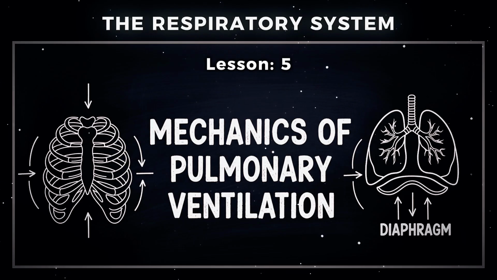Between them is a tiny amount of pleural fluid. This fluid creates a very low pressure, known as intrapleural pressure. This pressure is always negative relative to the air inside the lungs. Think of it as a constant suction that keeps the lungs stuck to the inside of the ribs.